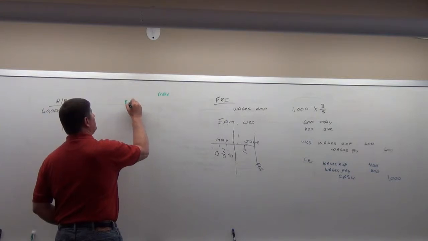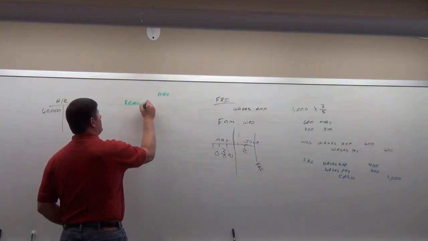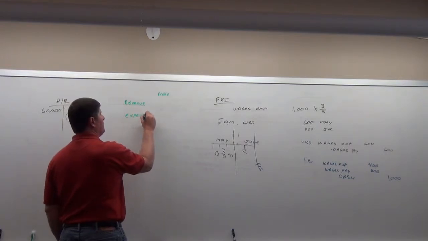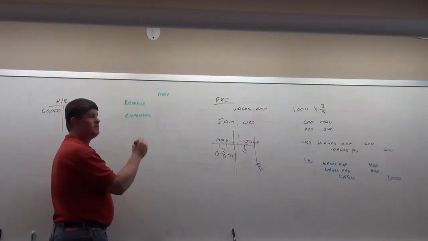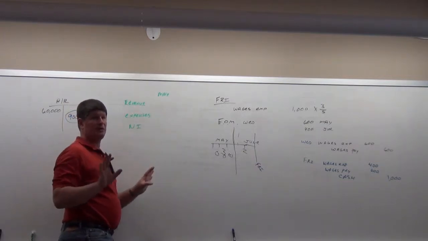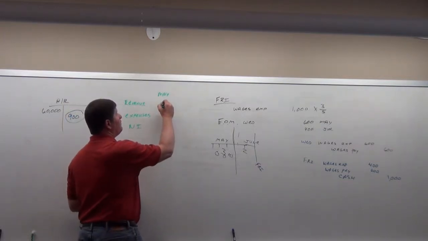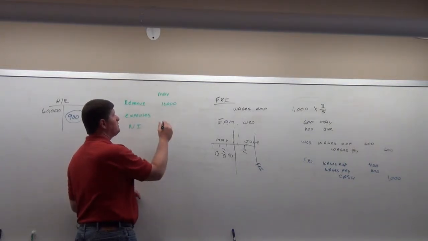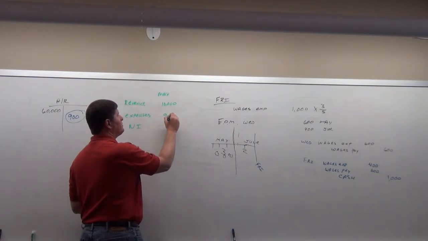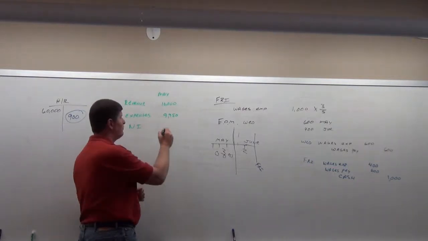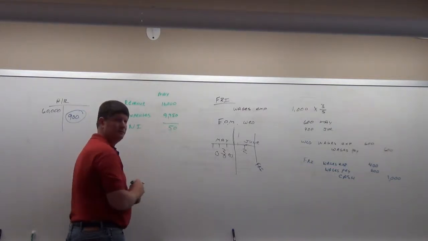I have revenue. I have expenses. Revenue minus expenses gives you net income, correct? So I'm doing a very simple income statement here. If my revenue is $10,000 and my expenses that I record are $9,950, what's my net income? $50, right?